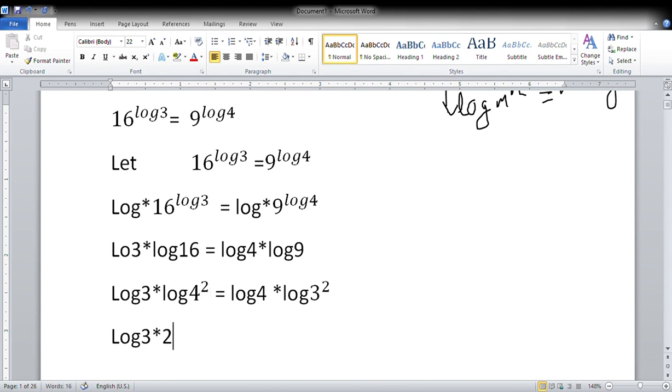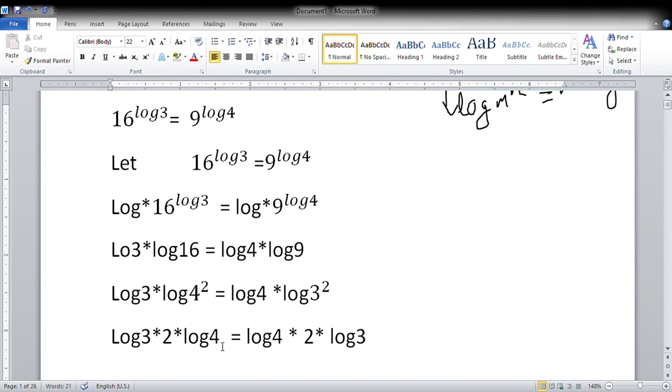It means 2 multiplied by log 4, right? And on the right hand side we simply write log 4 multiplied by, this 3 square's 2 comes to the front side, so 2 multiplied by log 3, right? Log 3.